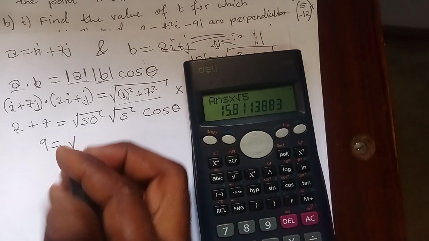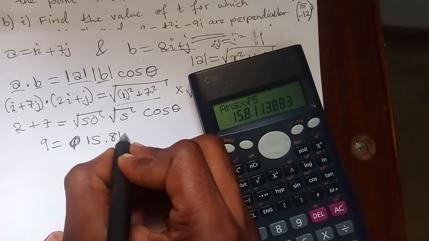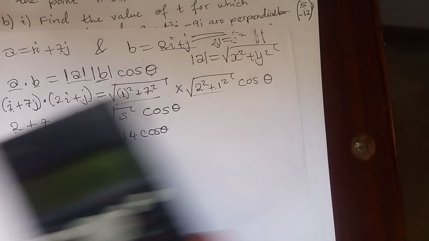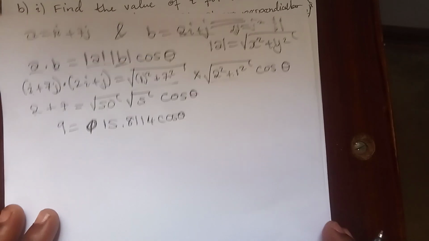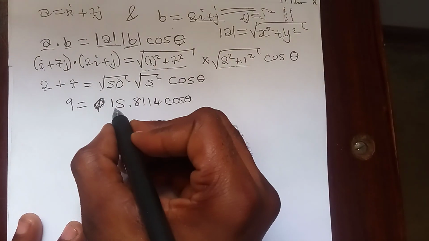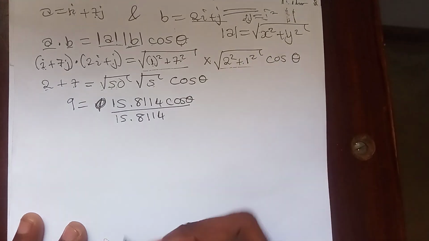So we have 15.8114 cos theta. So to improve your accuracy, make sure you write your number correct to 4 decimal places. You only round the final answer off.